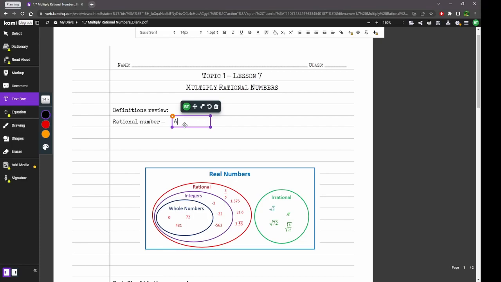It is a number that can be written as a fraction with integers as its numerator and denominator.